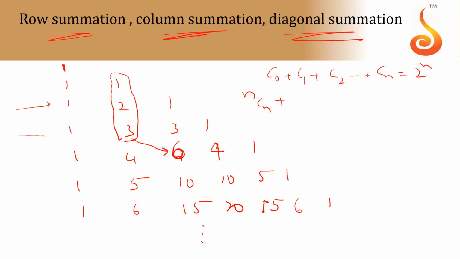Then if you come down, it is n plus 1 C1, n plus 1 C n. If you come down, the n will be fixed, but the suffix will be the same. So on, n plus R C n, which will be n plus R plus 1 C n plus 1, because the result is crossed like this. Next row means the n value should increase, and the suffix also should increase.